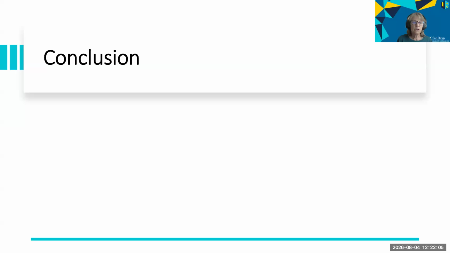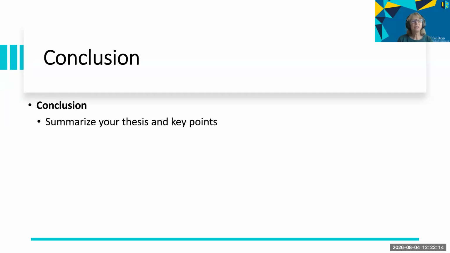And then we'll end with a conclusion. The conclusion will allow you to summarize your thesis and your key points. Again, you want to go back to when you talked about the research question and the hypotheses, and summarize what those were and then talk about whether or not the project ended up lending support to that hypothesis or hypotheses.